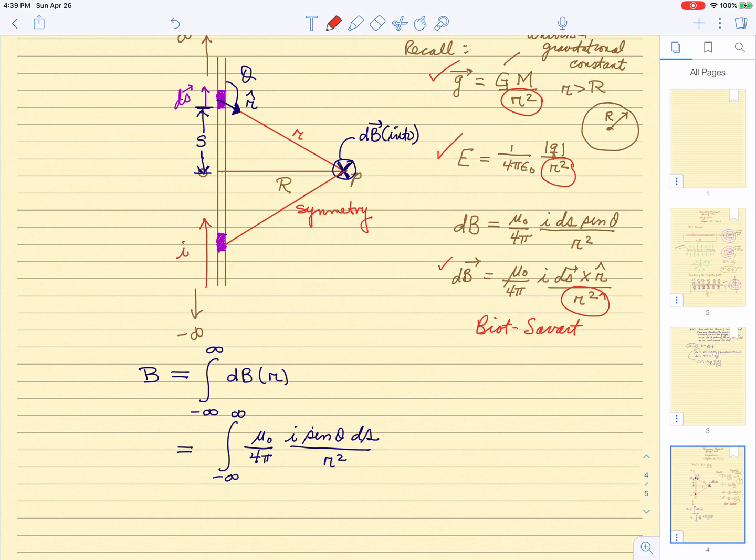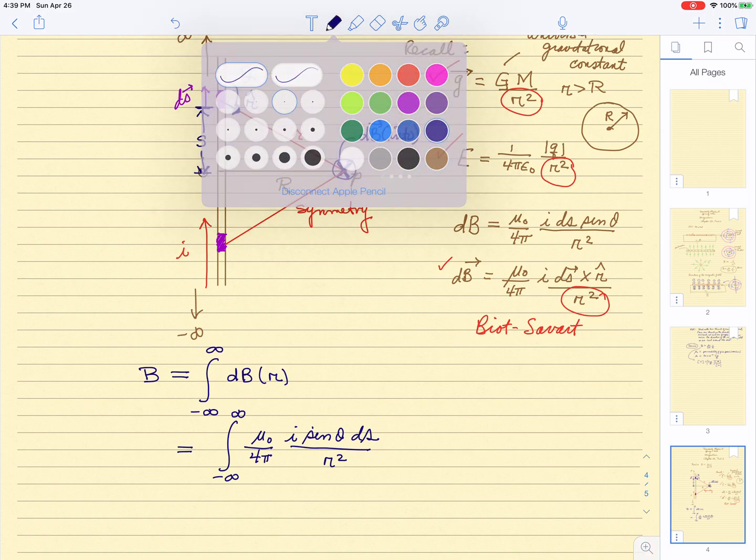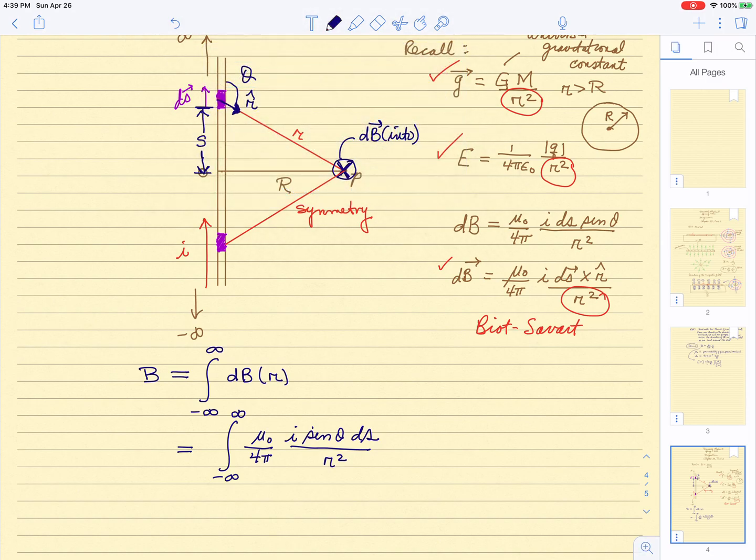So what we can do is take this integral, and instead of going from negative infinity to positive infinity, we can just multiply it by 2, going from 0 to infinity: mu naught over 4 pi I sine of theta ds over r squared.